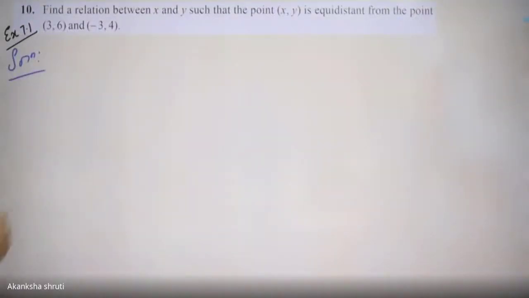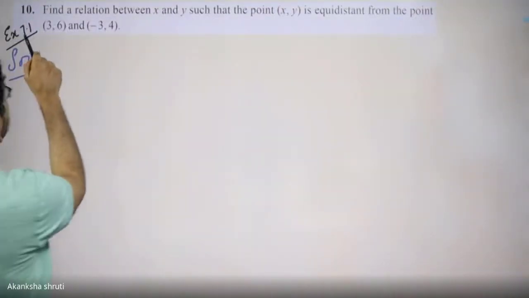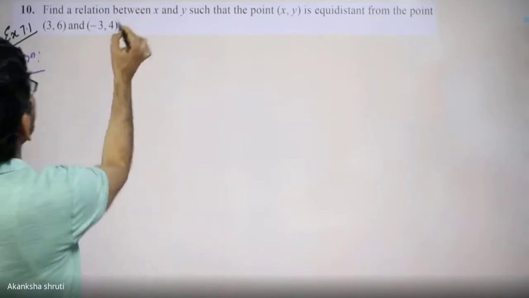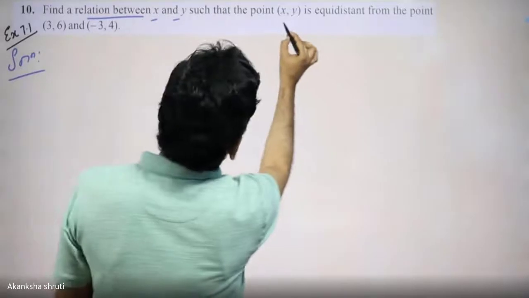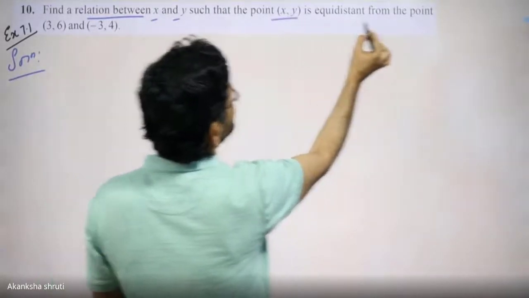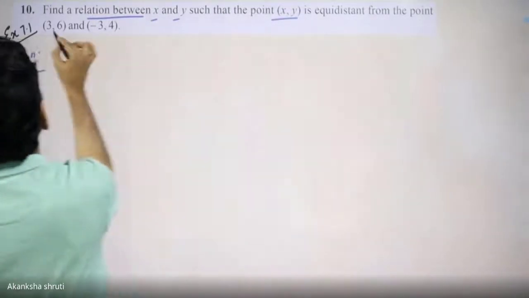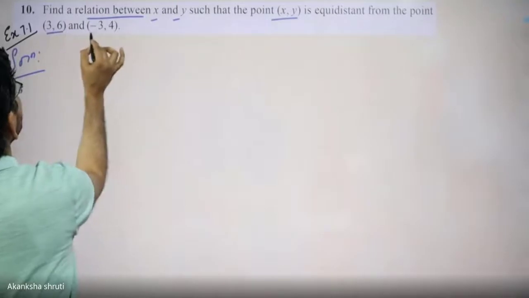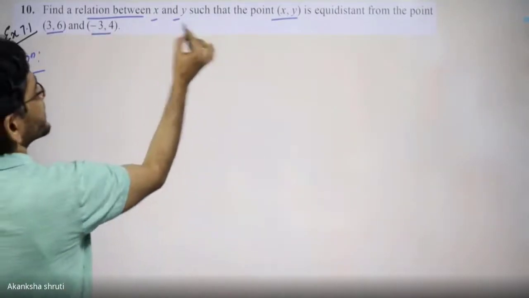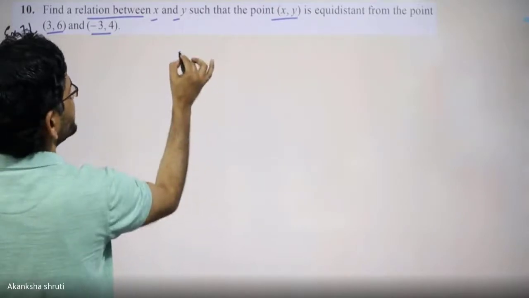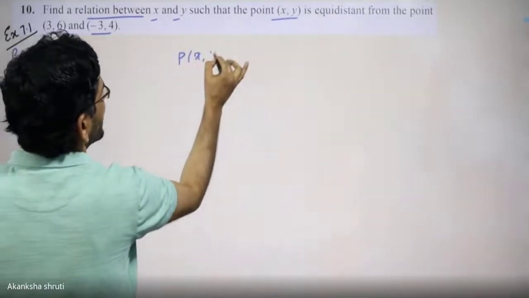Students, let us consider question number 10 of exercise 7.1. Find the relation between x and y such that the point (x, y) is equidistant from the points (3, 6) and (-3, 4). Draw the rough diagram. Consider this point P (x, y).